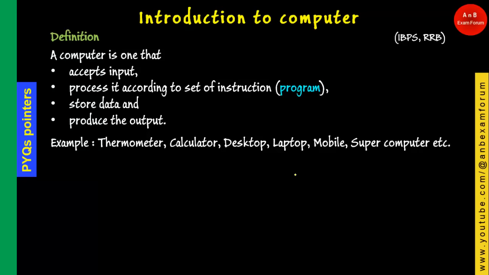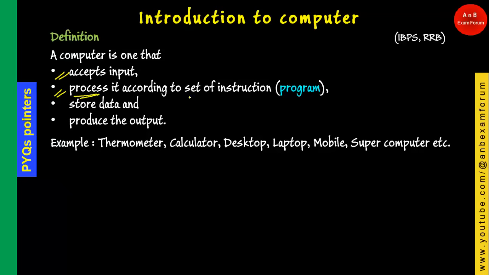Coming to the definition, which is commonly asked in the exam, and definition, as all of you know, is that it is basically one device that accepts the input, okay, that we are going to see in detail afterward, and after taking input it will process it. Okay, how will it process it?